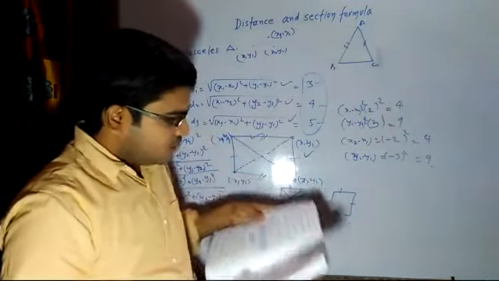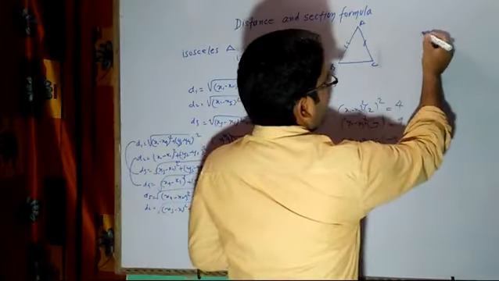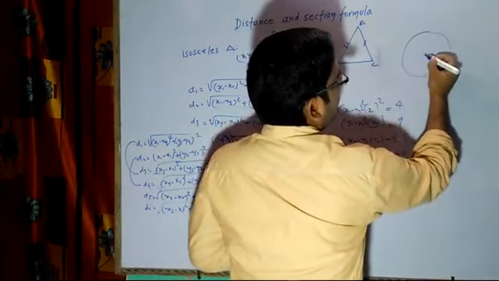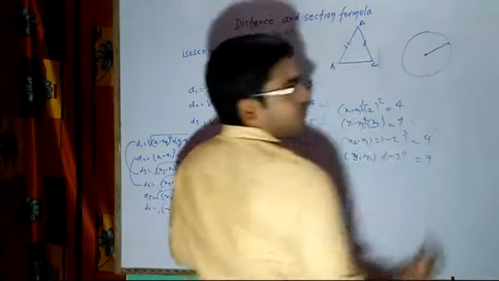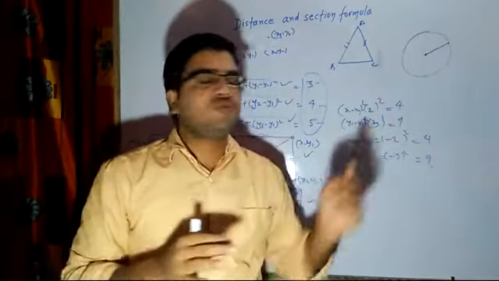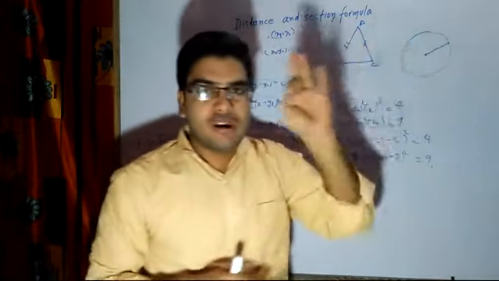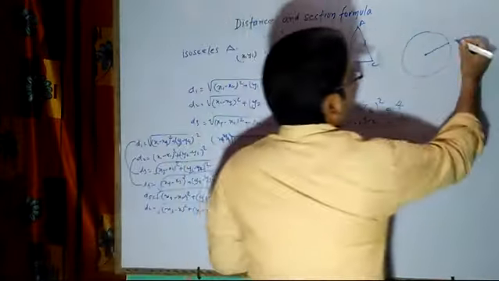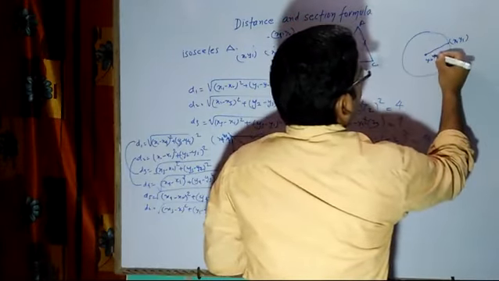Okay, now to find out the distance, if I have a circle and they have said that we have one fixed point and the other point is lying on the circle. Suppose one of the fixed point's coordinates is given and the other point is lying on the circle. That means here you can assume this is x1 y1, this you can assume x2 y2.